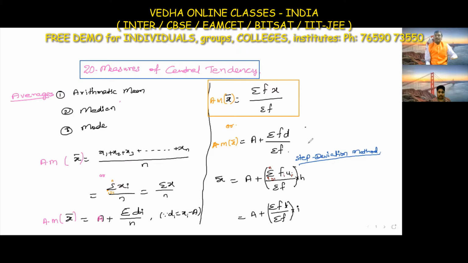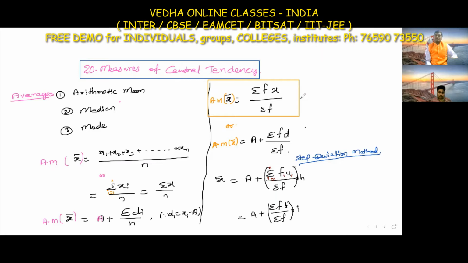We also use the step deviation method when we have class intervals. When the table is given with class intervals, then we use this formula, which is called the step deviation method.